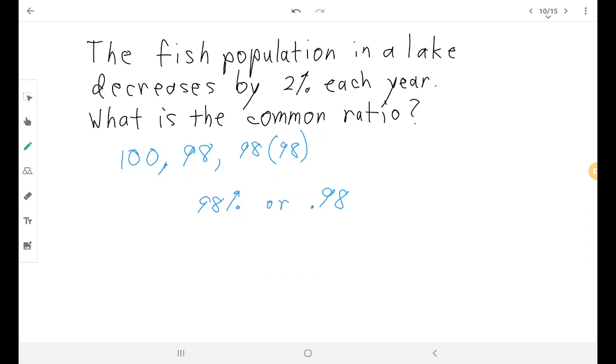Remember, to go from percent to decimal, you find the decimal in the percent and go 2 places smaller. Okay, so that's how we go from 98% to 0.98, and so our common ratio is 0.98. I'll give you a moment to look at that, see if there are any questions.